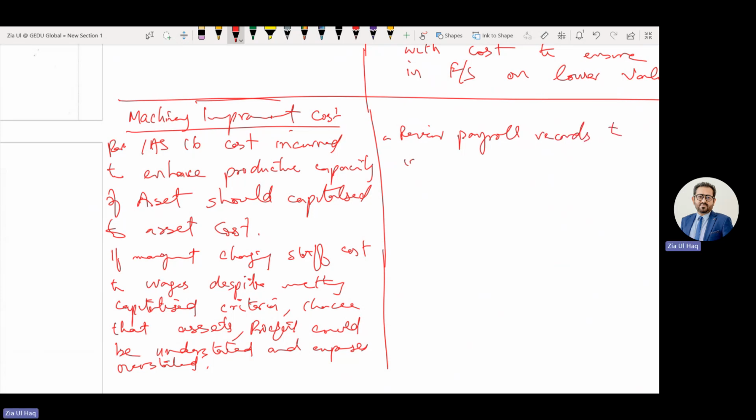To identify the nature of work performed, either need to be capitalized.